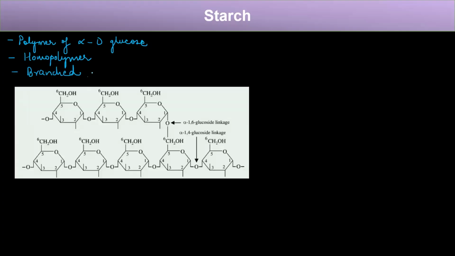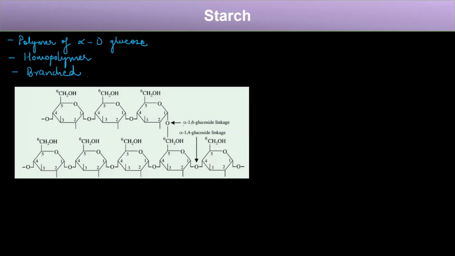Now, how does starch look? Starch looks something like this. This is just two chains, but it has multiple chains and multiple branches. In this structure, it has two types of glycosidic linkage.